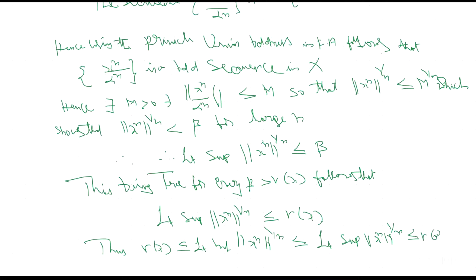So consequently, norm xn whole power 1 by n tends to R of X, the spectral radius R of X, as n tends to infinity.